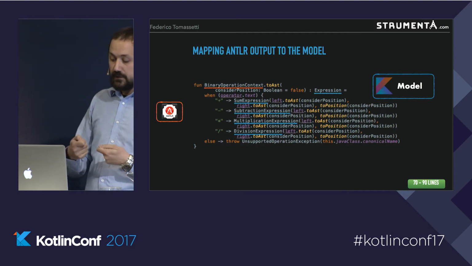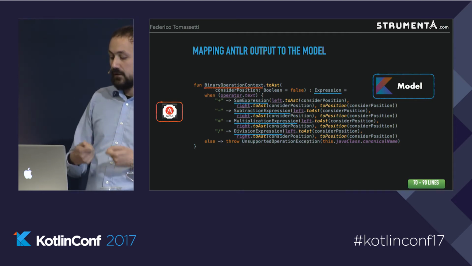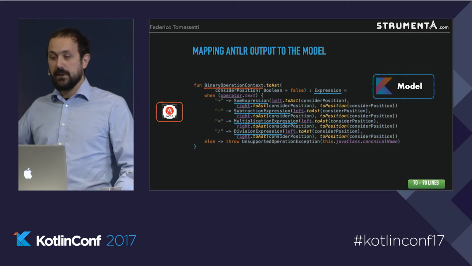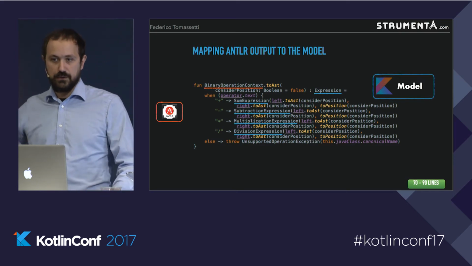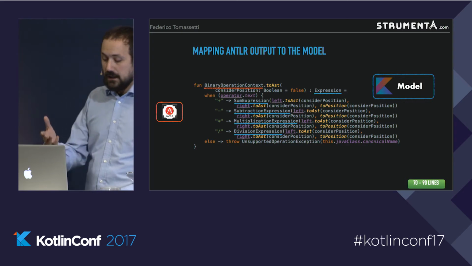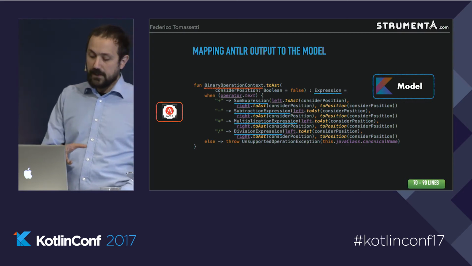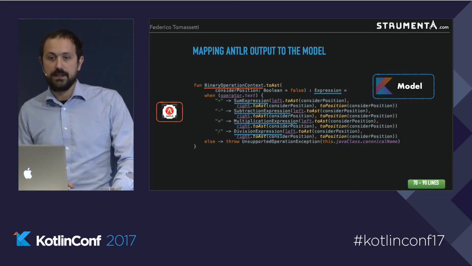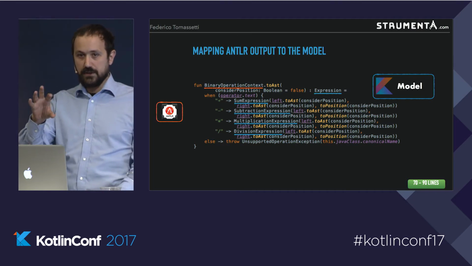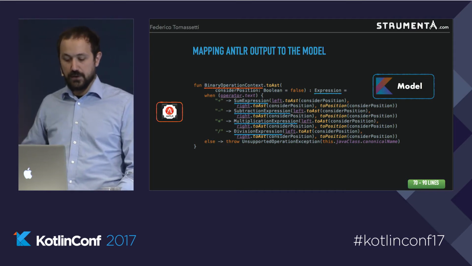These extension methods have the goal of generating the corresponding element in my model, using my data classes. In this example, in the grammar, I've defined a binary operation as an expression, an operator, and another expression.